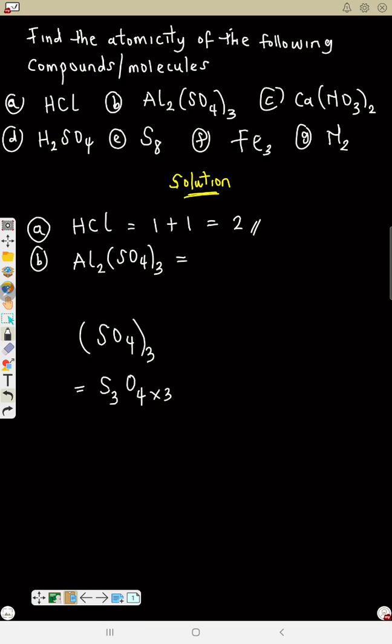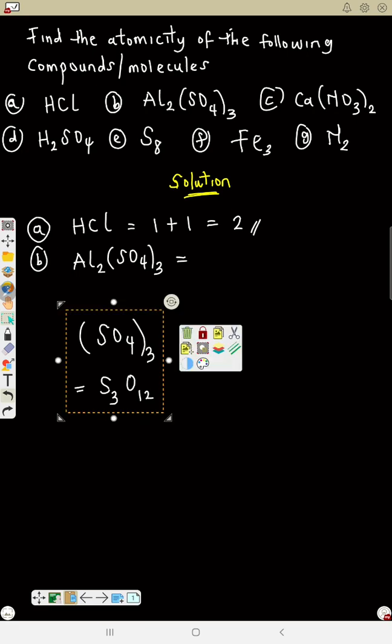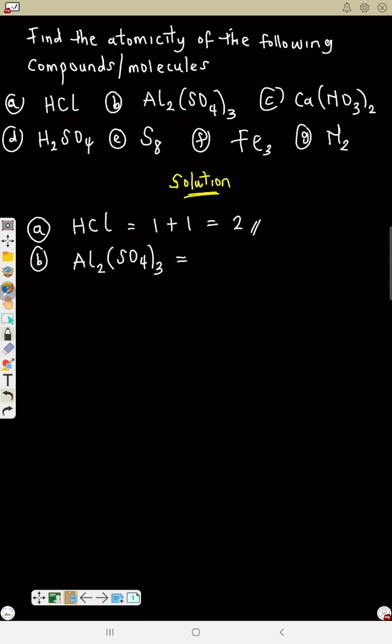That will give you O12. So we transform it to atoms. So in our case now we can easily say Al2S3O12. Meaning that the number outside this bracket will multiply the subscripts in the brackets.